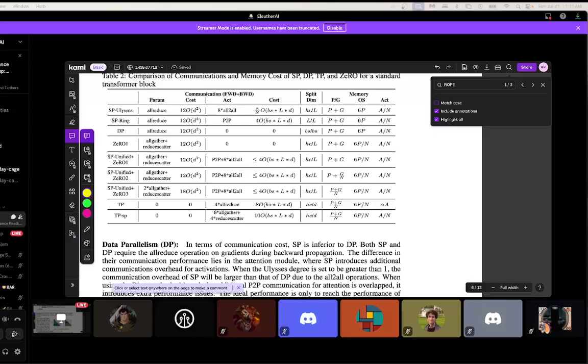So he thinks that gives you another dimension of balancing your trade-offs, where you can micro-calculate the optimal ratio of USP to ring, where your kernel launch overhead is worth the overlapping.